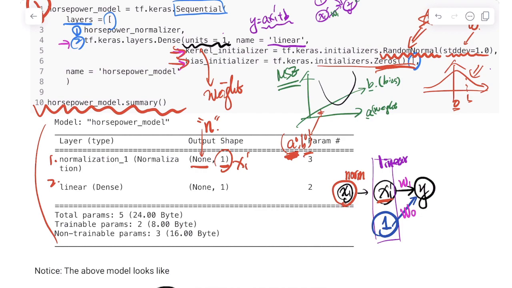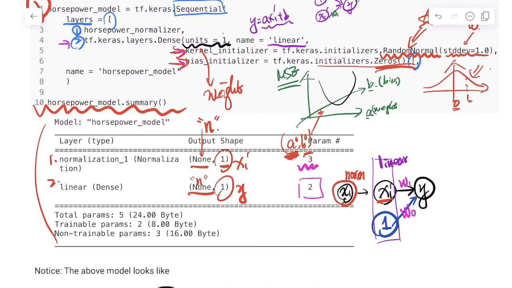And the output will be 1, that is x1. So at the second layer, again, that is n, and the 1 means y, because the output will be y. Think about one thing: to output this y, we have 2 different parameters. One is for x1, and the other is for the intercept, w0. So we have 2 parameters here.